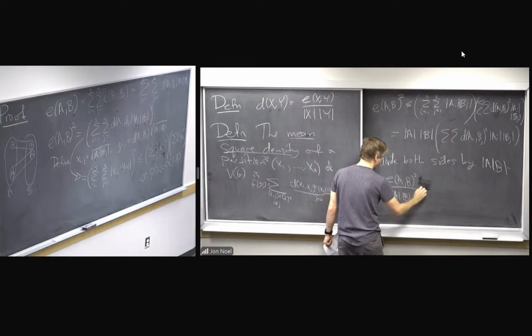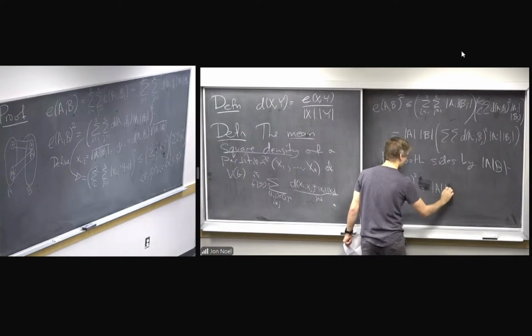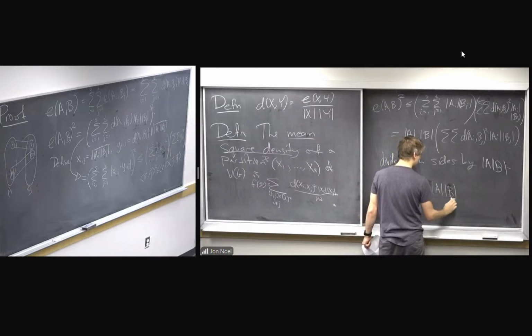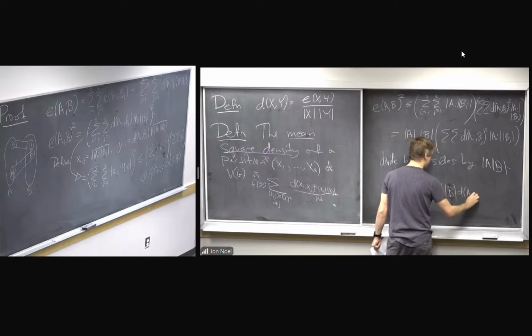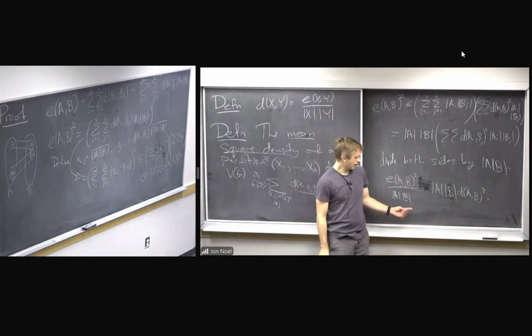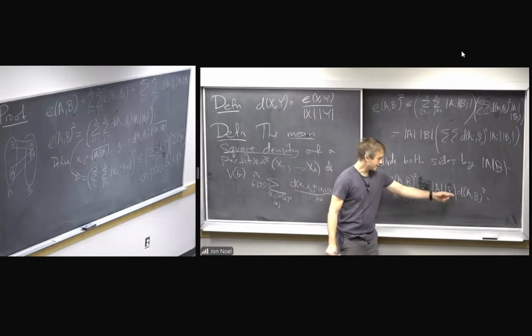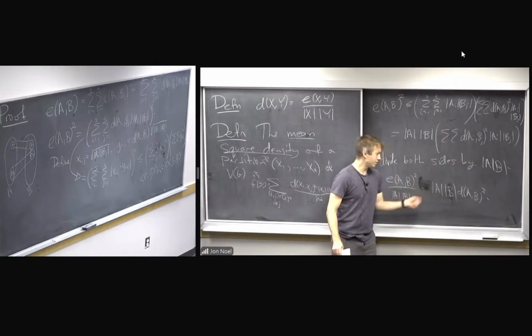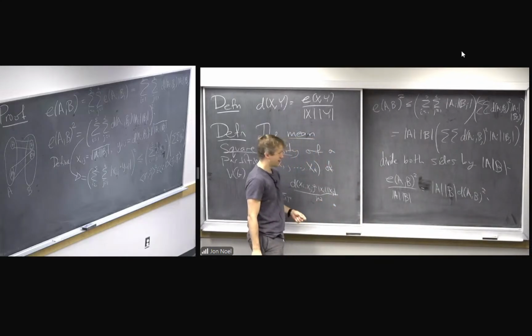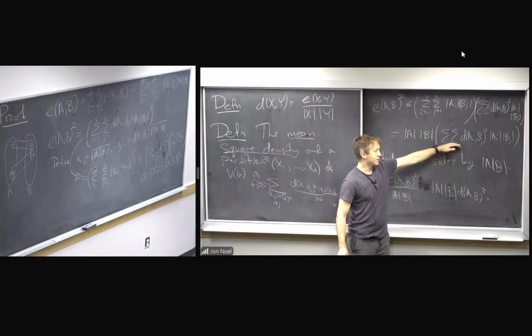It actually is equal to the size of A times the size of B times the density between A and B squared. Basically, these do compute the same thing. So we get that this is at most this sum, which is exactly what we wanted to prove.